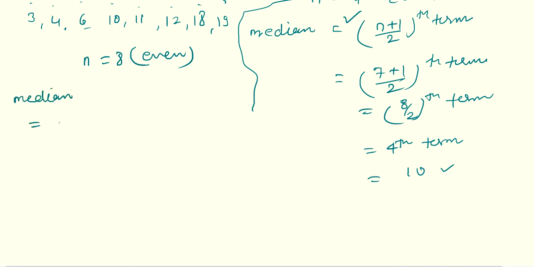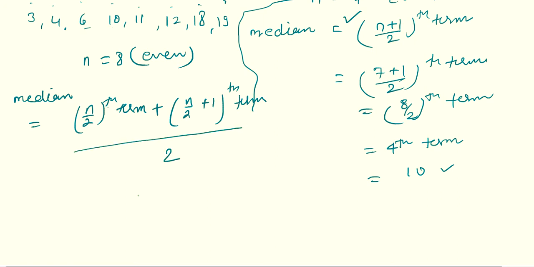So whenever you are having even terms, the formula for median equals 1 by 2 into, or you can write, n by 2 term plus n by 2 plus 1 term, whole upon 2.